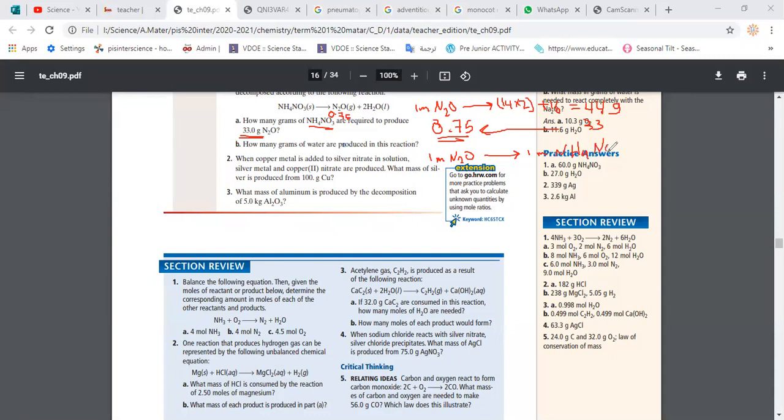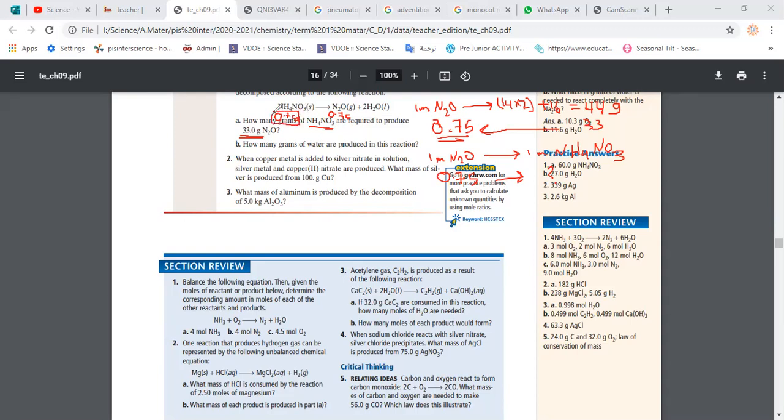Guys, you must be careful once we say mole or grams. So 1 mole of this produces 1 mole of this. So 0.75 mole of N2O produces how many moles of NH4NO3? Cross multiplication: 0.75 divided by 1 multiply 1 divided by 1, so equals 0.75. So it will produce 0.75 mole.